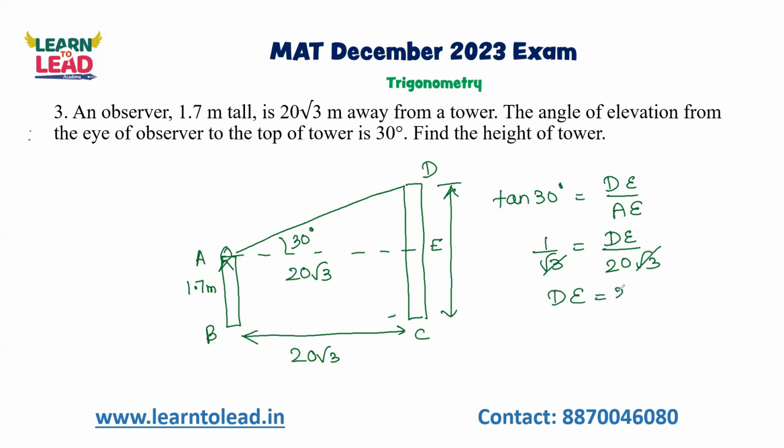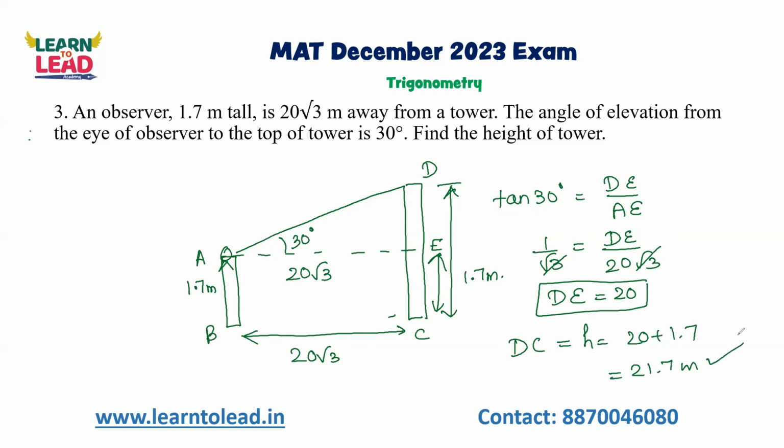So DE is 20. And I know that EC is nothing but 1.7 meter. So height of the tower DC is equal to 20 plus 1.7. So 21.7 meter is your answer. Now, we'll see the next question.